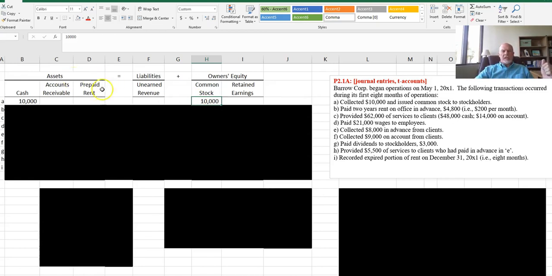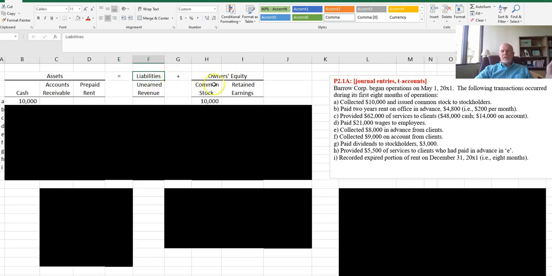So remember, in the accounting equation, on the left side of the equation, we're going to keep up with all of the assets that the company has. Those are things that the company owns that it can use in the future. It'll give it a future benefit. On the right side of the equation, we're going to keep up with where the money came from to get those assets. So we can borrow the money, meaning we have to pay it back.